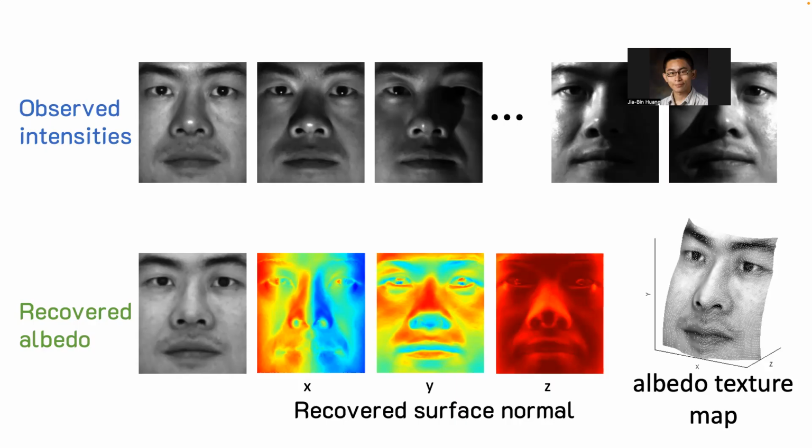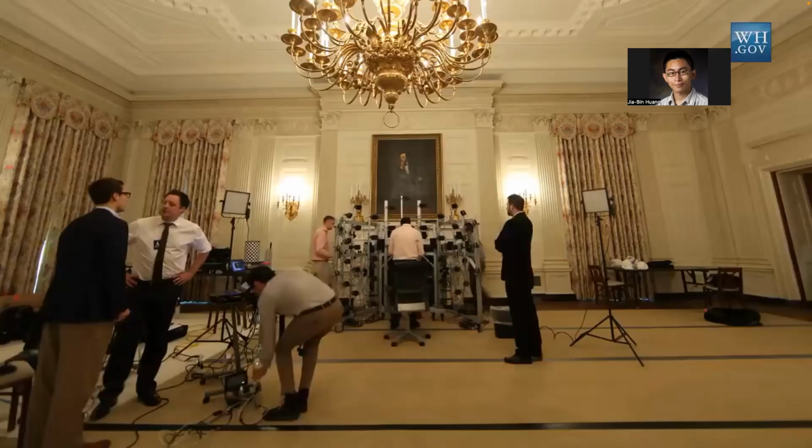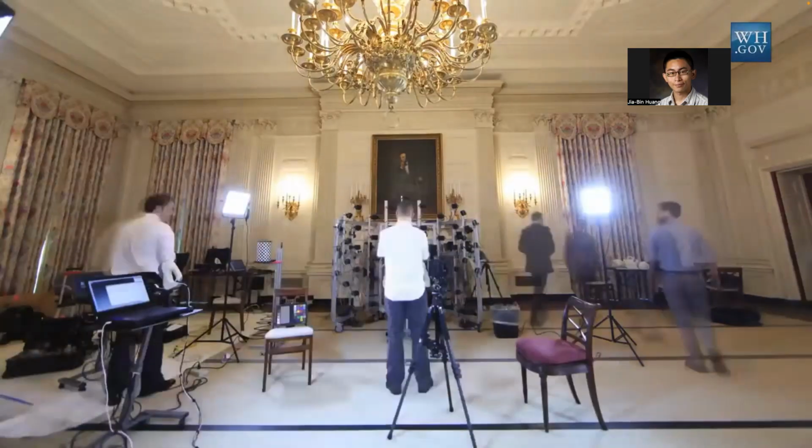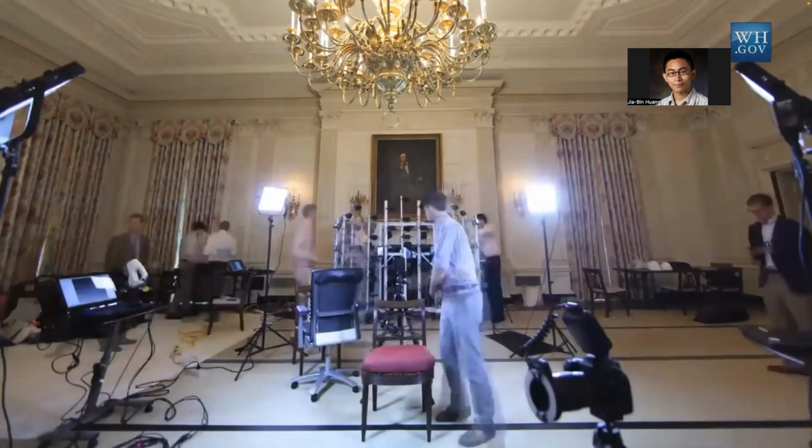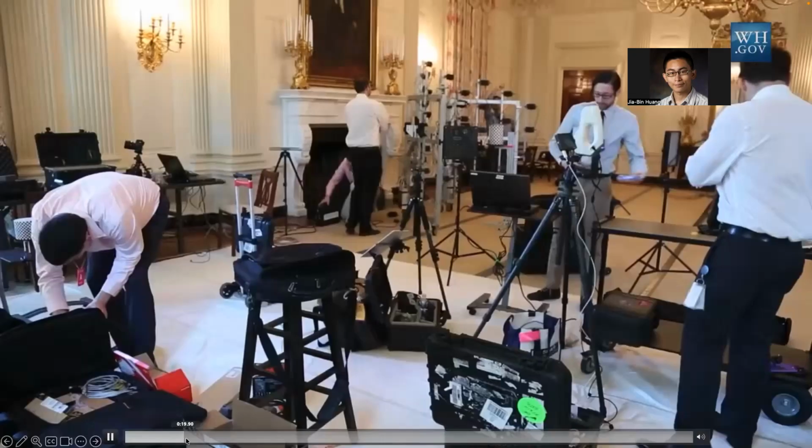All right, so where do we see this type of application? We showed this last time, right? We're here at the White House working with the Smithsonian Institution. So we showed creating a 3D presidential portrait. The system that we launched is a more advanced version of this process, called our mobile light stage, but what they do is very similar.